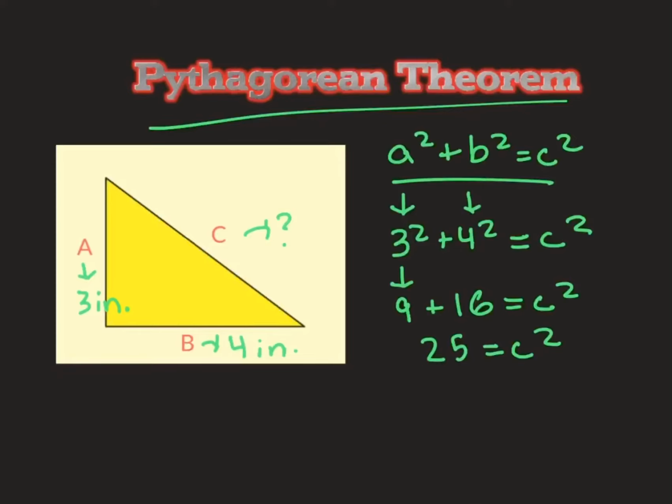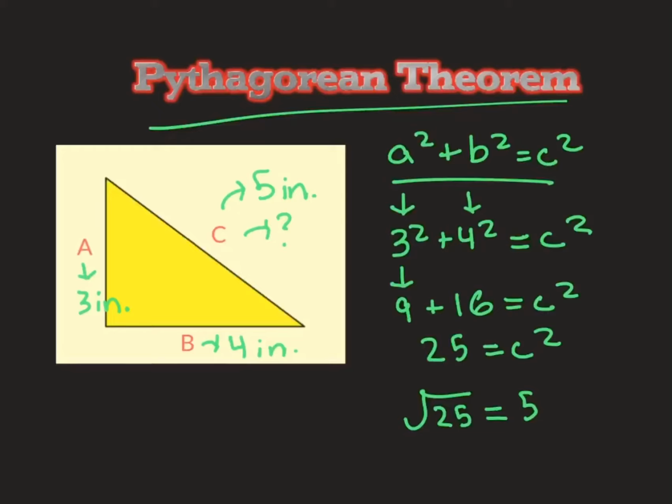So we know that the square root of 25 is equal to 5, because 5 times 5 is equal to 25, so the square root of 25 is equal to 5. Therefore, C is 5 inches. So that's basically what the Pythagorean theorem is all about.